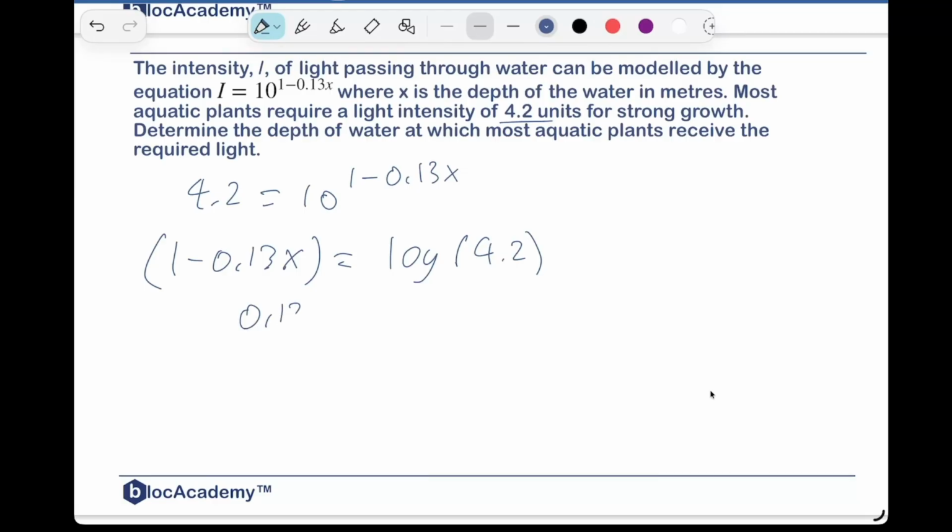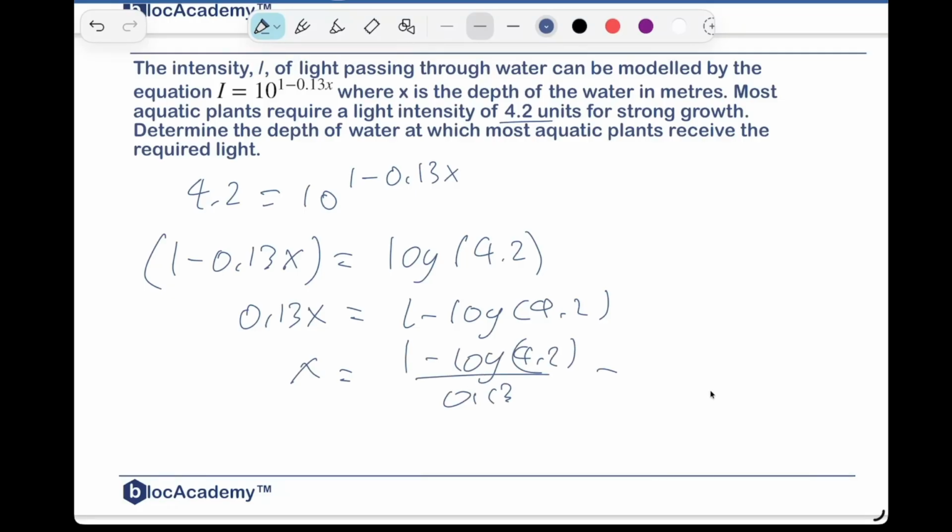So 0.13x is going to be 1 minus log 4.2. So x equals 1 minus log 4.2 over 0.13. It's going to be roughly 2.898 meters. This is the depth that the aquatic plants need.